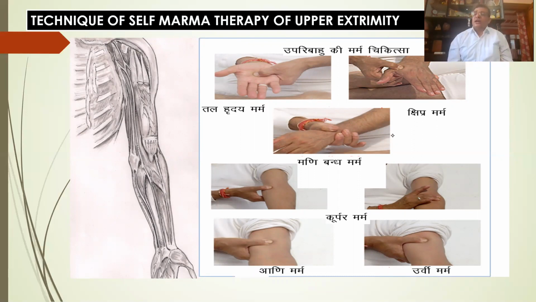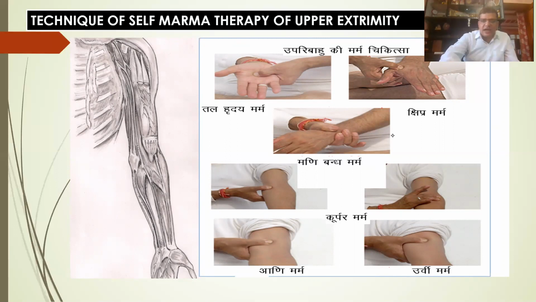For the upper extremity, females should start from the left, while males should start from the right. The stimulation should be of 0.8 second, and you may correlate it with the Om Namah Shivaya chant. This is also one cardiac cycle, 0.8 second, and you have to stimulate 15 to 18 times.